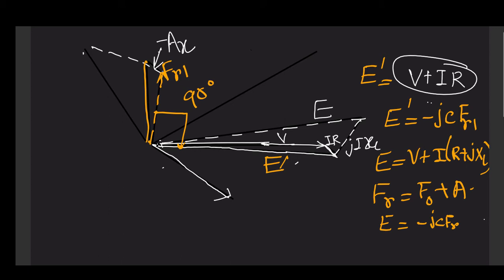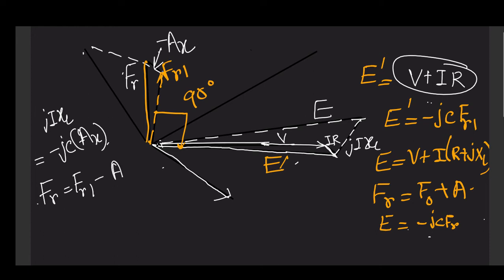So that we can write similarly that jIXL is equal to minus jC minus X. So basically if we add these two, then we would get FR, which is holding relation with E. So it's very simple: FR is equal to FR1 minus AX, right?